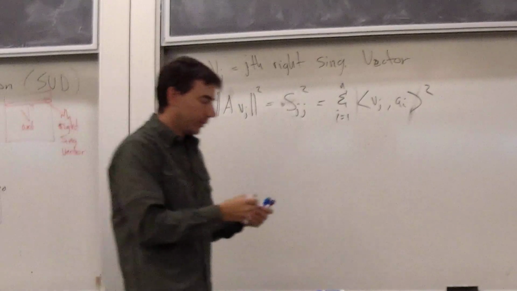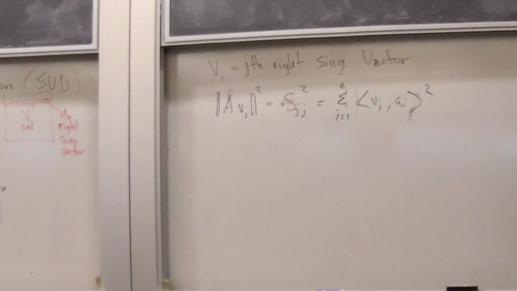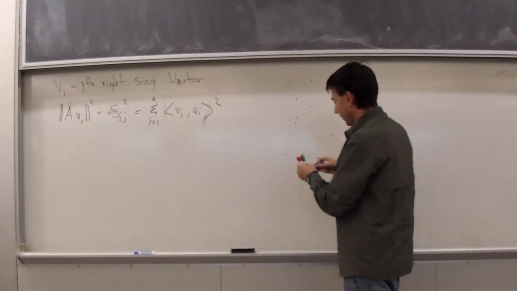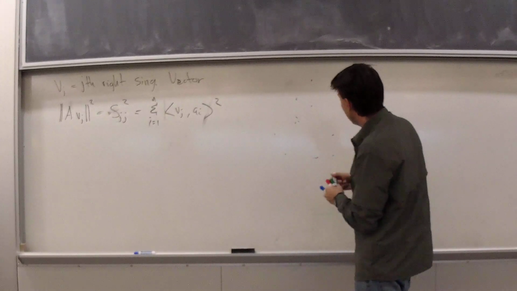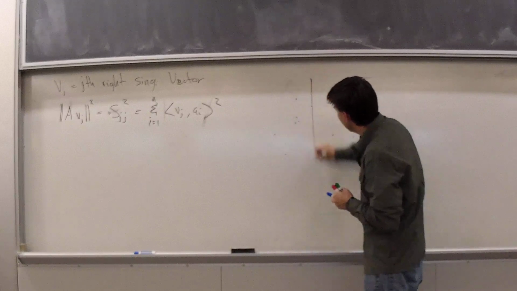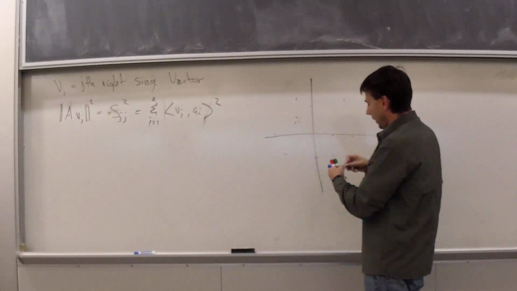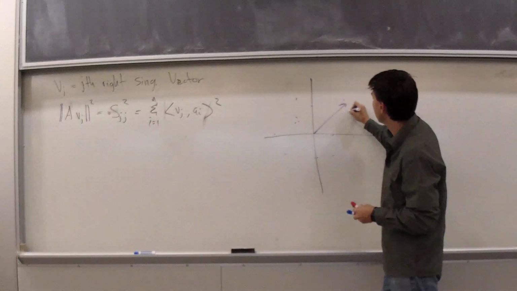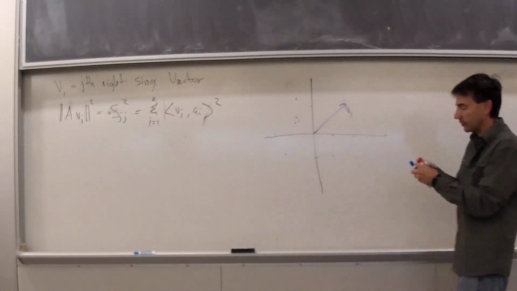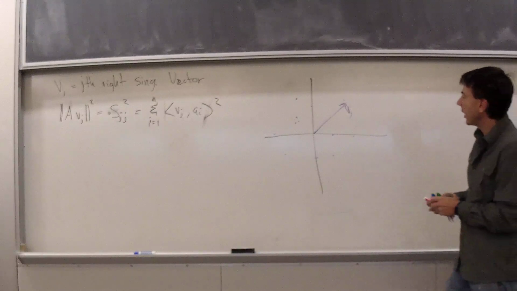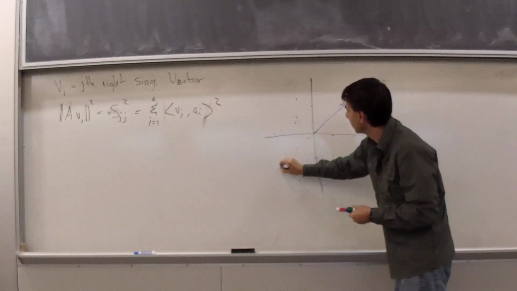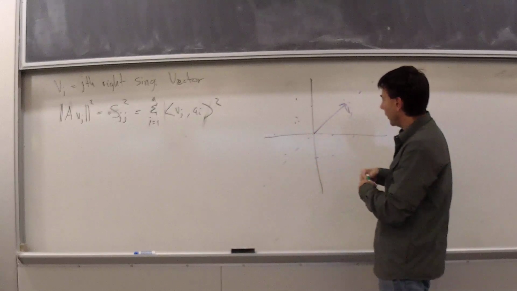What's going on here is I've got some data points and some basis, and I pick vj to go in this direction. It defines this subspace here.